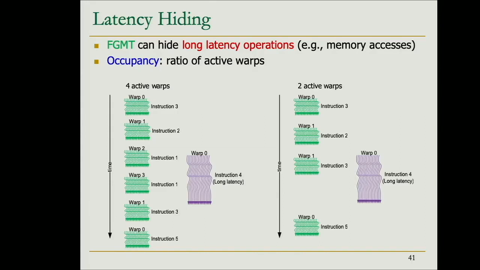But okay, let's say 2 registers per thread. If we have warps of 32 threads, this means 64 registers per warp. But there are other programs where we might need 4 registers per thread. In that case, it is twice the number of registers that we need.